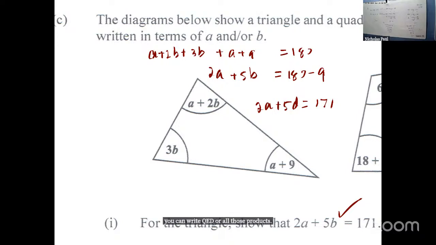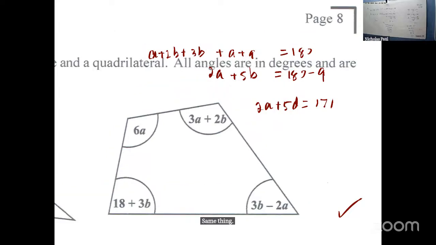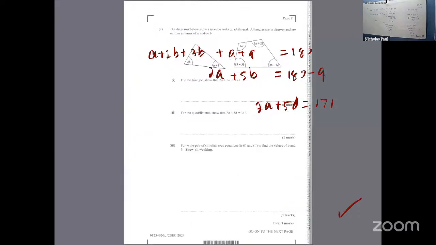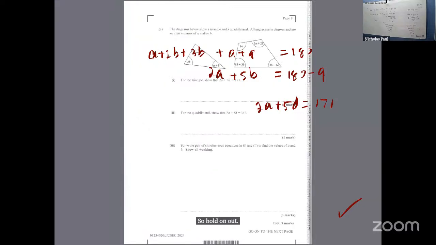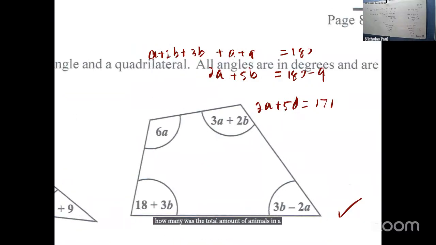Right, now for the same thing, do it here. Sorry, hold on. What's the total amount of angles in a quadrilateral? 360.